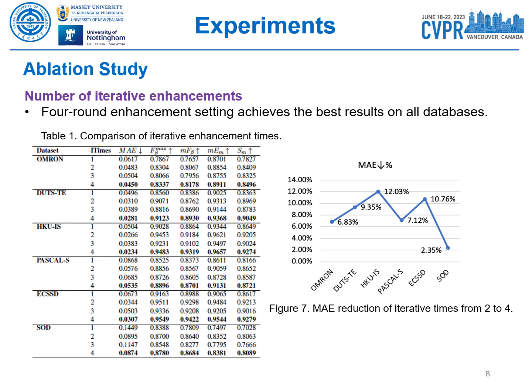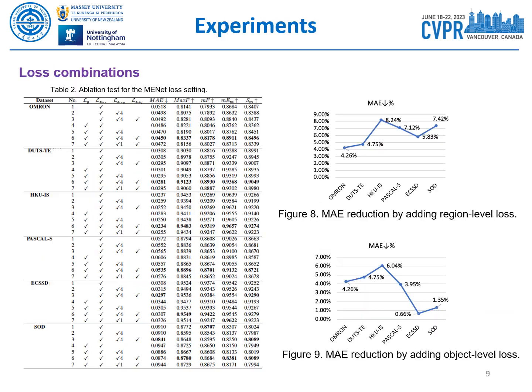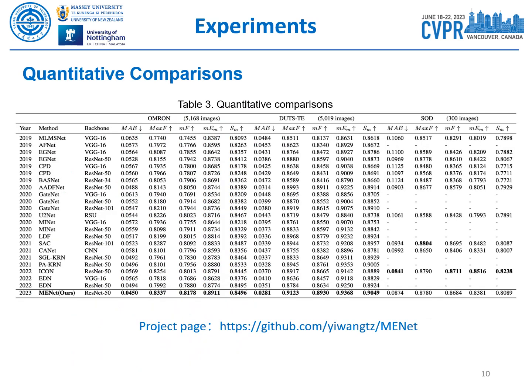Okay, in the ablation study, 4 rounds reduced MAE greatly compared to 2 rounds of enhancement on all datasets. Region level loss and object level loss both help to improve the performance. These are the quantitative experiment results.